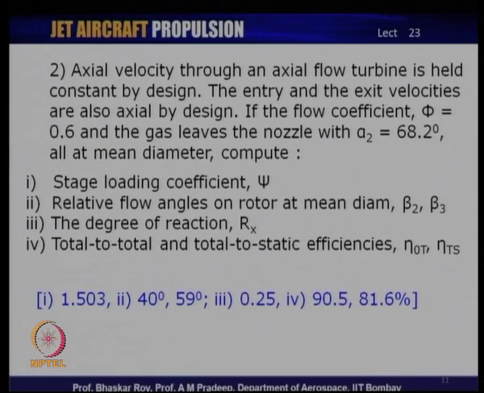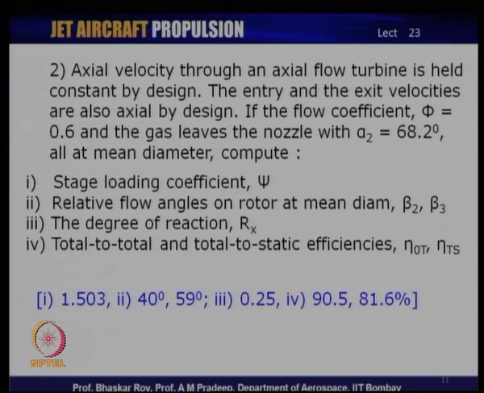That means C A 1 is equal to C A 2 is equal to C A 3, and the entry and exit velocities are also axial. That means C A 1 is equal to C 1, C A 3 is equal to C 3. It is a simplified problem, and the flow coefficient, that is C A by U through the rotor, is 0.6.